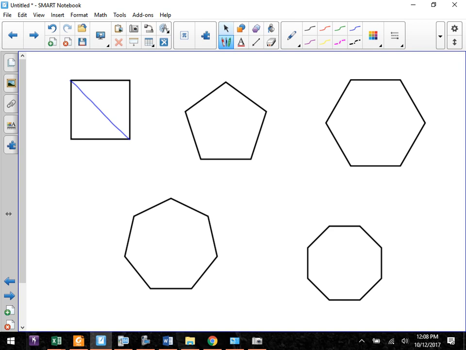Now, inside of a square, you can have what are called 2 non-overlapping triangles. Well, how many degrees are inside this triangle? How many degrees are in that one? Which means how many degrees are inside of a square? Okay? Pentagon has 5 sides. I can draw 1, 2, 3 triangles, which means I can have 3 times 180 degrees.